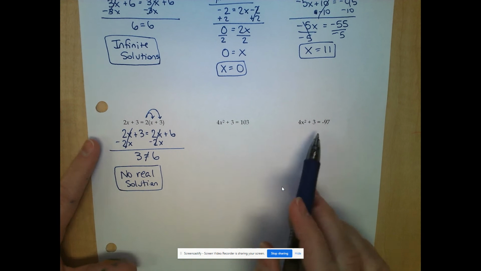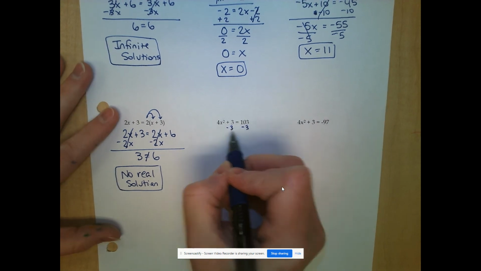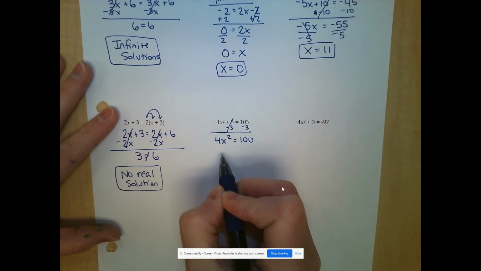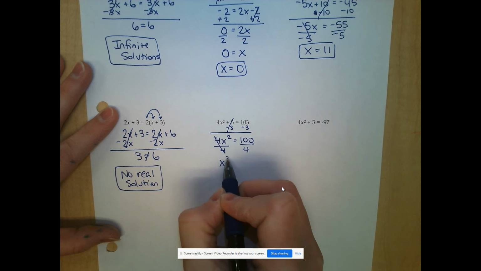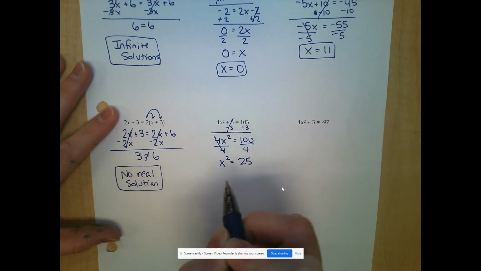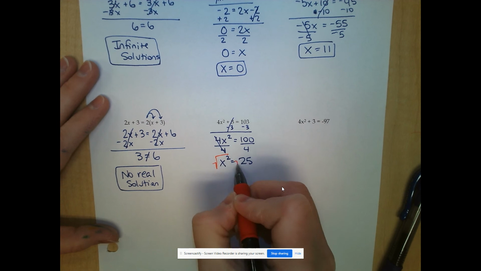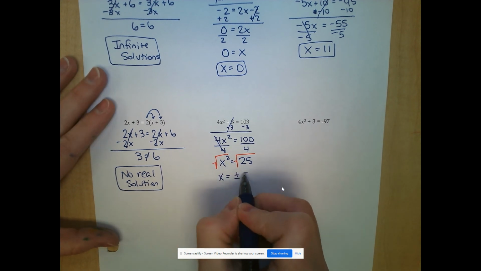Ooh, we got a couple here with x squared, so let's see what happens. If I subtract 3 on the left and subtract 3 on the right, I get 4x squared equals 100. I have multiplication, so I'm going to divide both sides by the 4. X squared equals 25. The inverse of squaring is square rooting. So you're going to see me square root the left side and square root the right side, and I get x equals plus or minus 5.